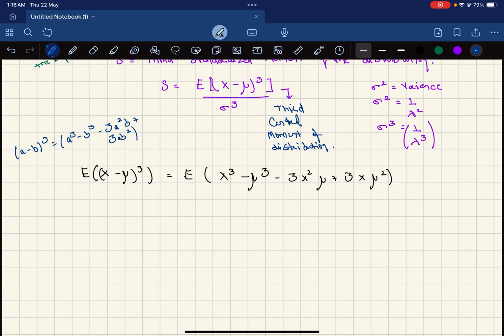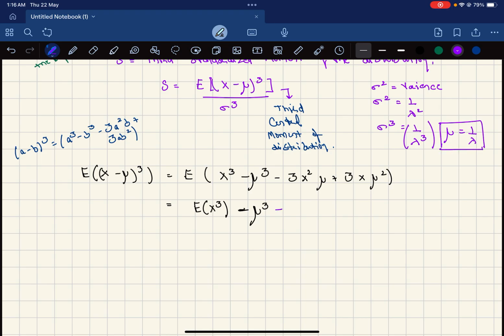Now we can bring the constants out of the operator, and we can keep the variables inside. So this will become the expected value of x cube minus mu cube. The expected value of a constant is the same as the constant. So mu cube is a constant here, and we already know from our previous sessions that mu is equal to 1 upon lambda.